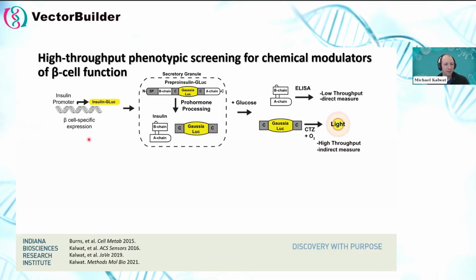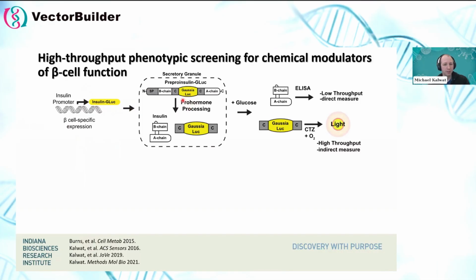So we developed an assay where we took advantage of an approach published by researchers at the Broad, where you express in beta cells an insulin secretion reporter, and that reporter is the protein insulin with a secreted luciferase inserted into the C-peptide.